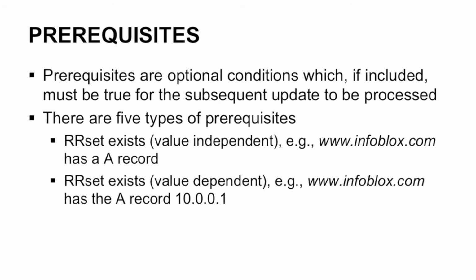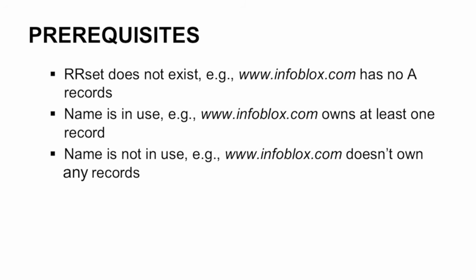So, for example, that www.infoblocks.com exists and has an A record that points to 10.0.0.1. That an RRset does not exist, for example, that www.infoblocks.com has no A records. That a name is in use, for example, www.infoblocks.com has at least one resource record associated with it. And then finally, that a name is not in use, for example, that www.infoblocks.com doesn't own any resource records whatsoever.